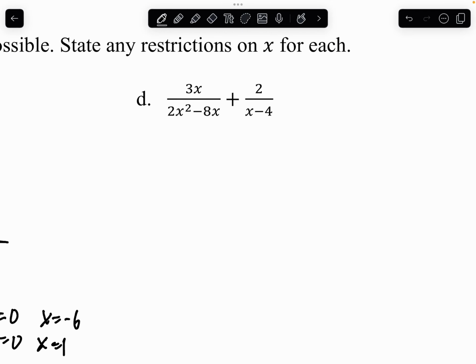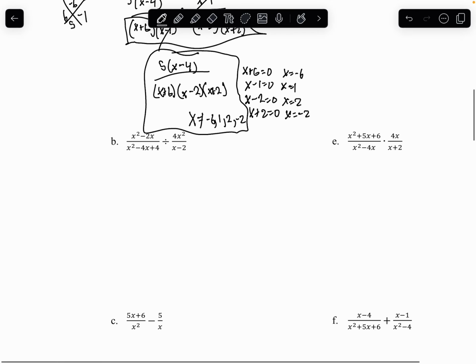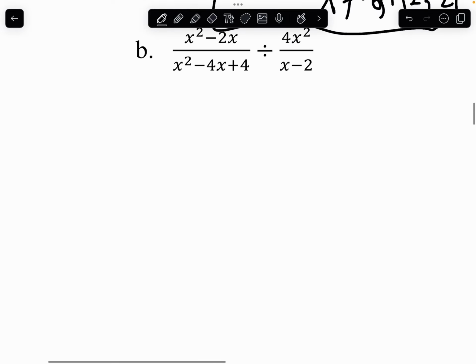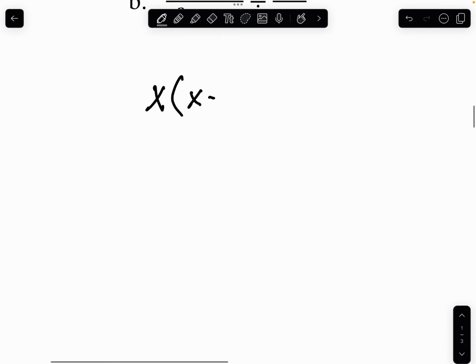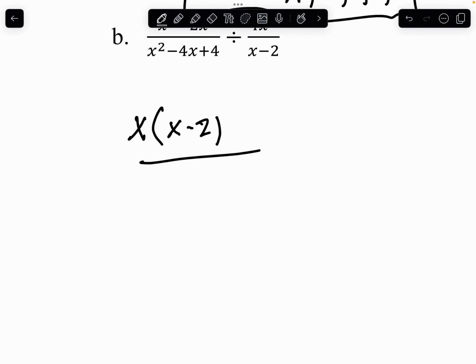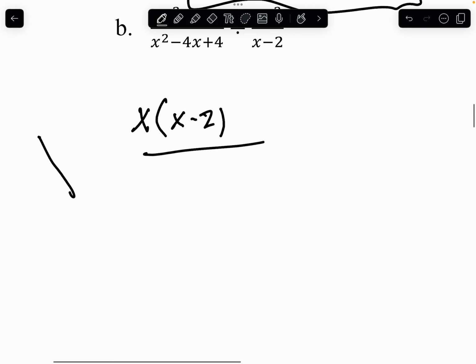Next problem is division. So for the top left, factor out an x. Bottom left, you can set up the cross.